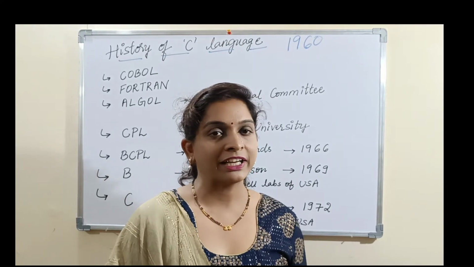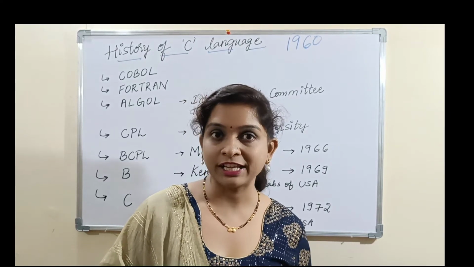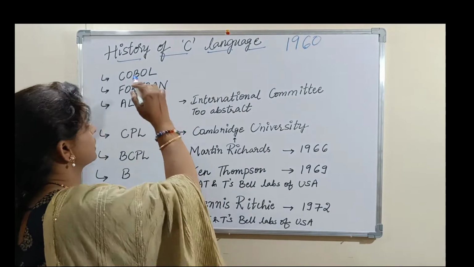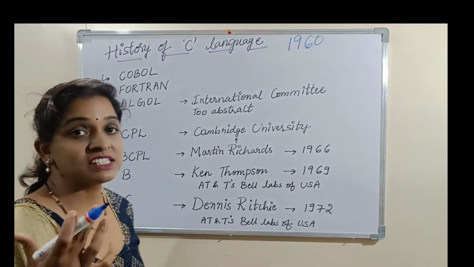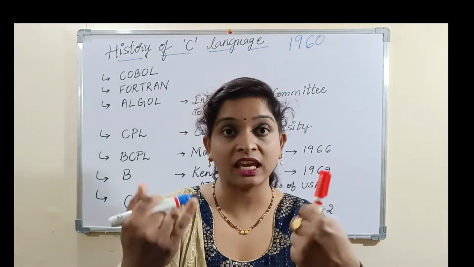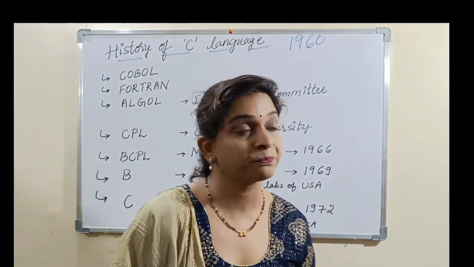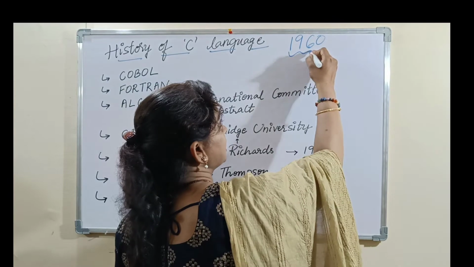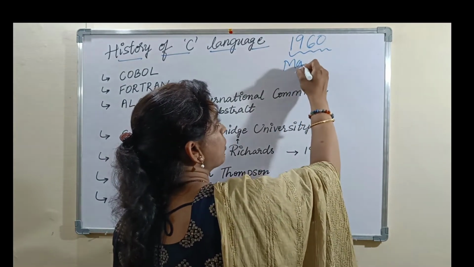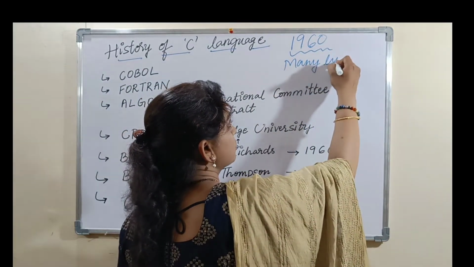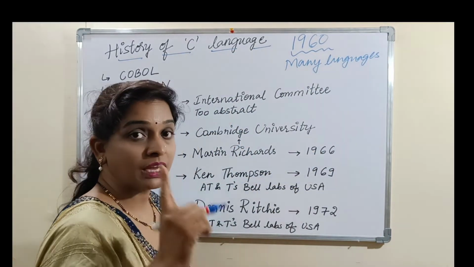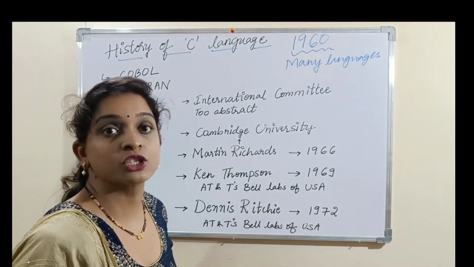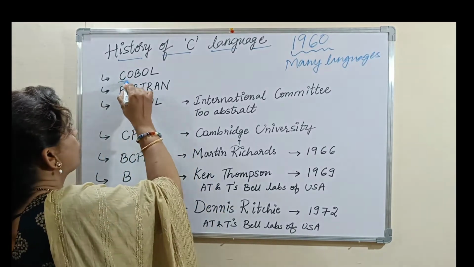So let's get into the next topic of today's lecture, that is the history of C language. How did the C language actually come into existence? By 1960, many languages came into existence. In that, the first language was COBOL.